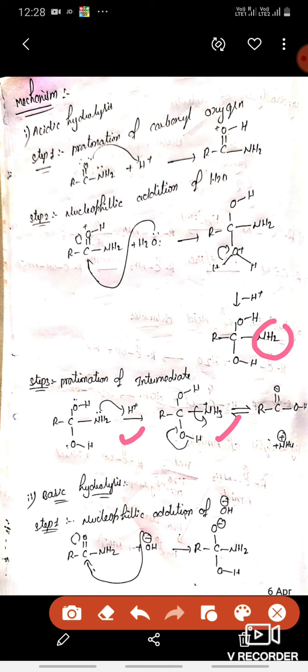So this bond is going to shift and this NH3 is going to leave. Ammonia and H positive make NH4 positive, and we obtain the carboxylic acid. What we needed is carboxylic acid. So by acidic hydrolysis we can synthesize carboxylic acids.